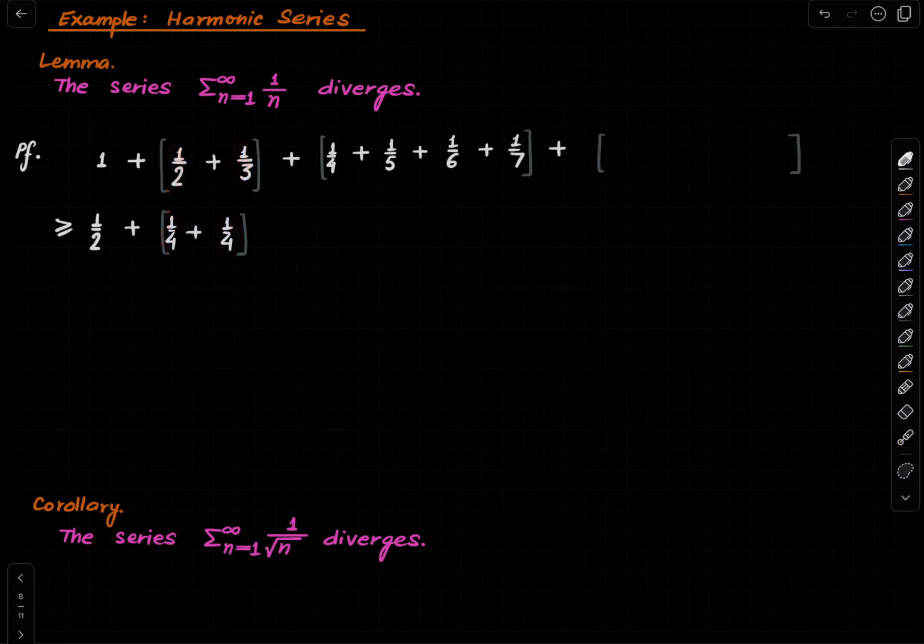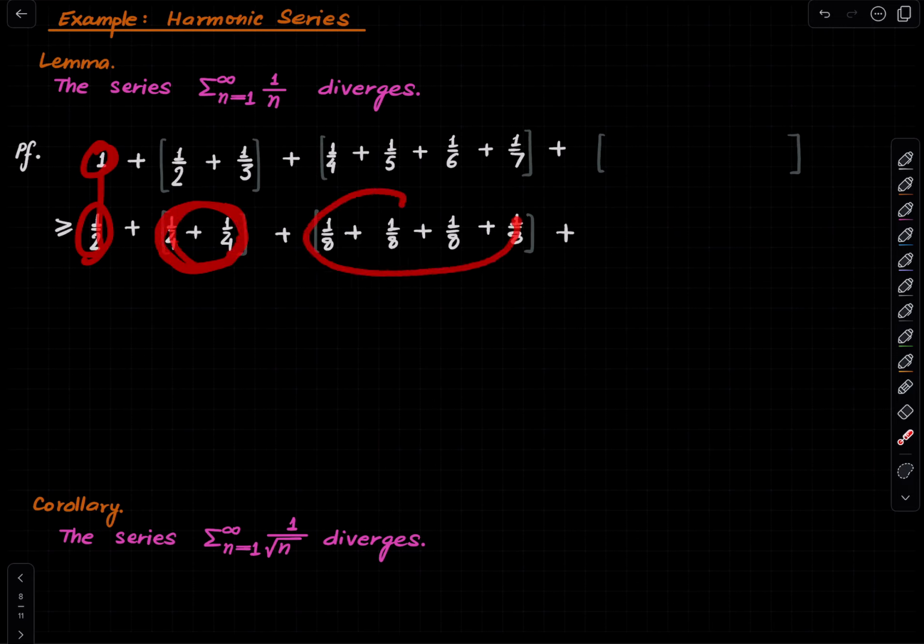Wonderful. Now, these 4 terms, each of them is at least 1/8, so we can add 1/8 four times. And then the same circus. Here we'll have 16 terms, each of them at least 1/16. So this is at least half. This is also at least half. In fact, now it is equal to half, this is equal to half, this is equal to half. So this is half plus half plus half.